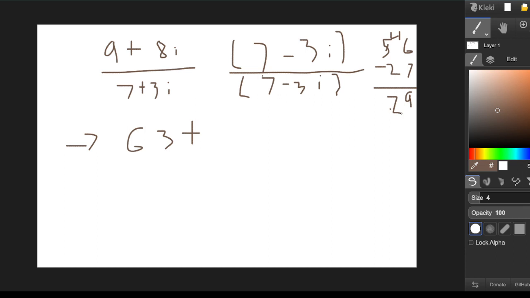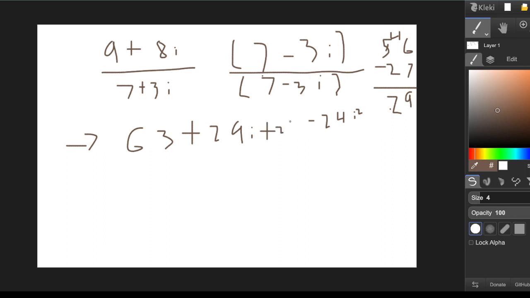Okay, and that's about it. So it was 56i right over here, and minus 27i. So plus 29i, and it's 8i times negative 3i. So that's negative 24 i squared. Right, 8 times 3, that's 24. It's negative, and it's i squared. This becomes a plus 24.